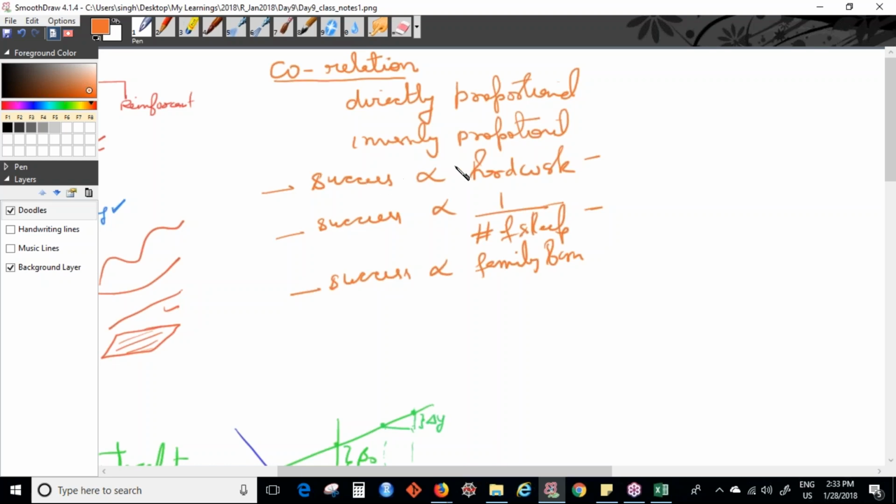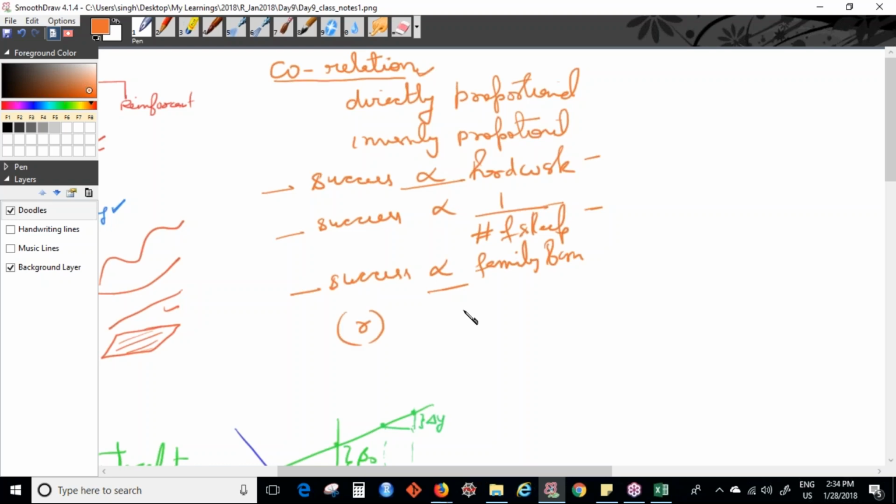We don't know which one is more out of these two. We just know that they are directly proportional. So correlation is a quantity which will quantify that. Correlation gives a number to that, and the higher the number, the more correlated it is.